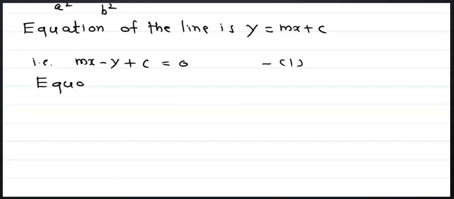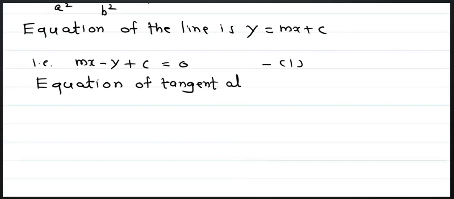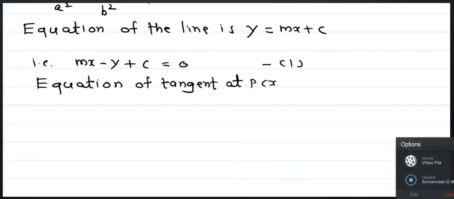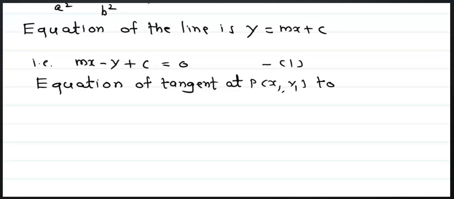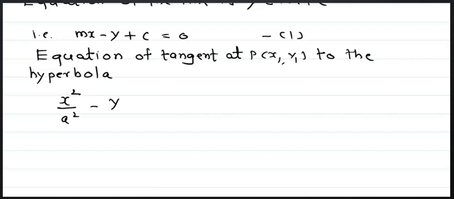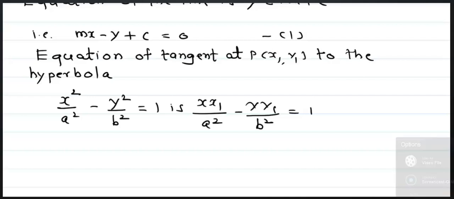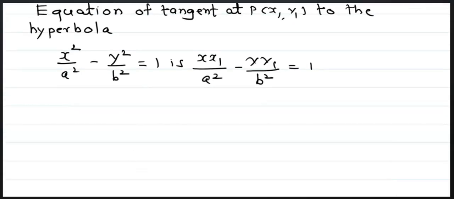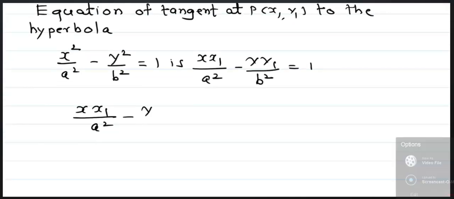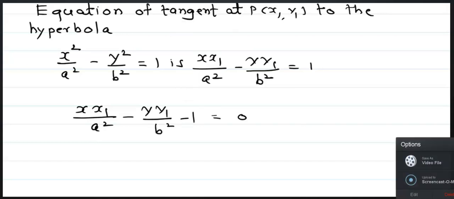This is equation 1. The equation of the tangent at P x1 y1 to the hyperbola x square upon a square minus y square upon b square is equal to 1 is x x1 upon a square minus y y1 upon b square is equal to 1, that is x x1 upon a square minus y y1 upon b square minus 1 is equal to 0.